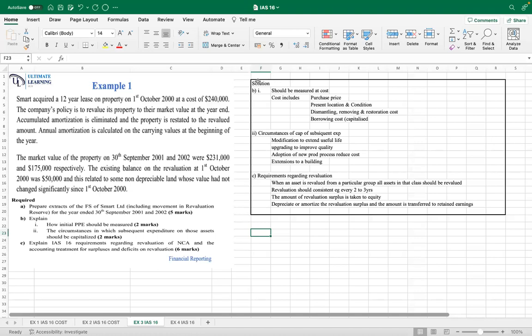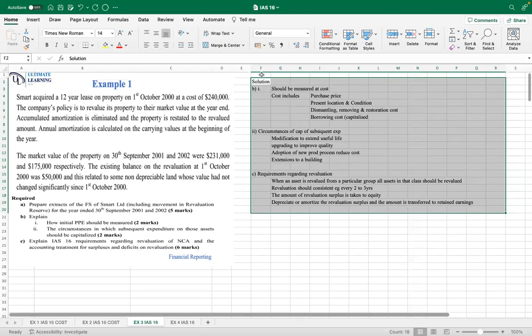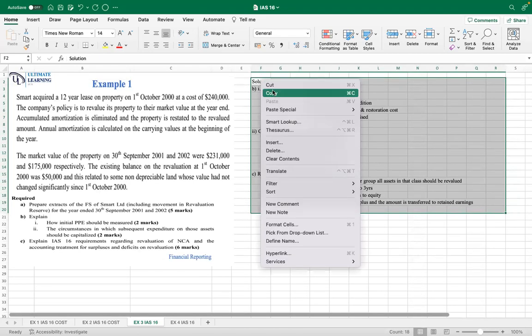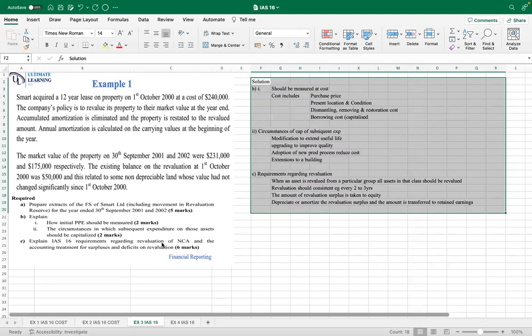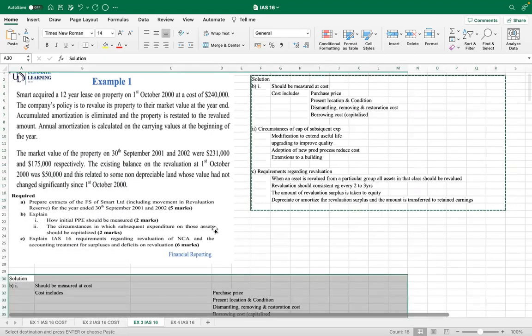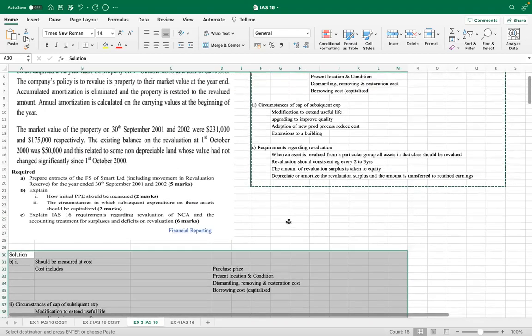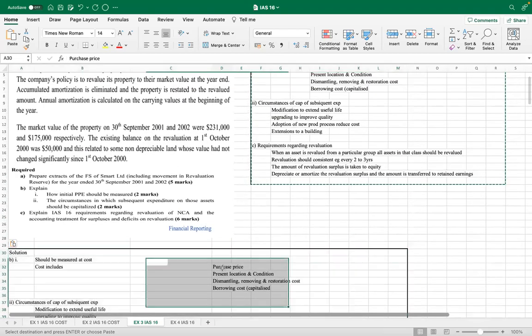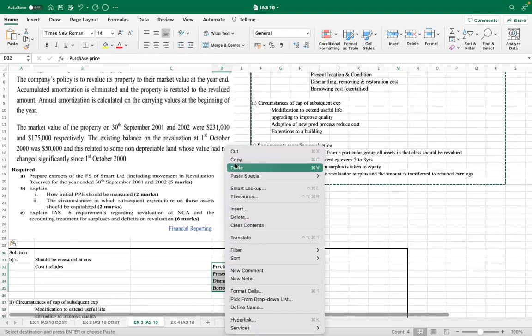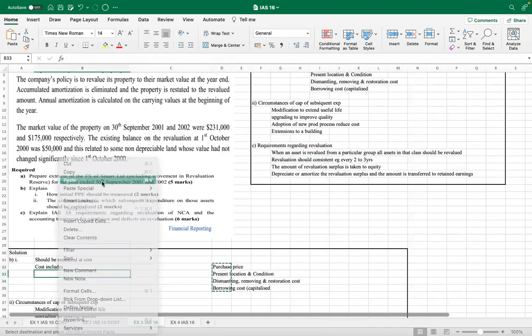What I was explaining to you, I've already put it there because it's theory. Part B, I've already put it there because it's theory. Maybe let me remove it from here, and I post it here. The theory part, I just post it here.